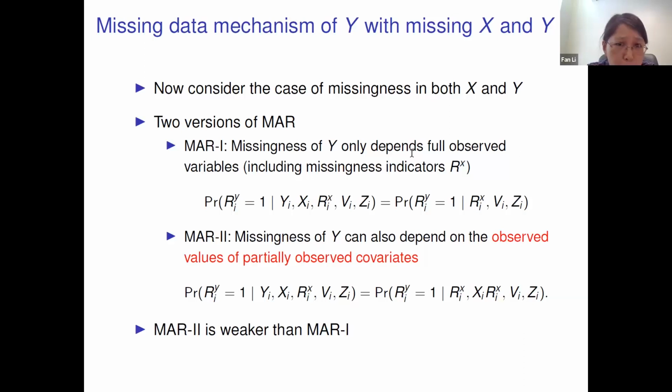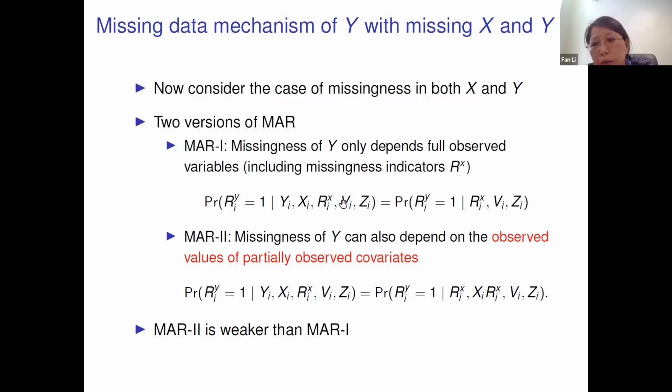It's still MAR, but because now I have missingness also in X, things start to be a little more complex. So I actually can have two different versions of MAR.